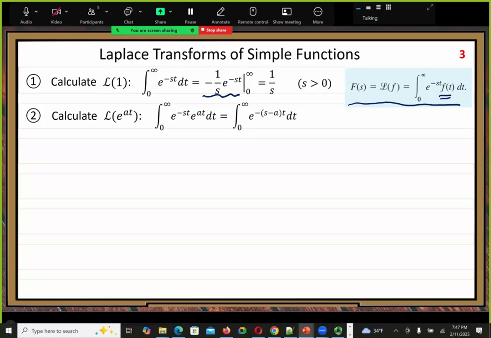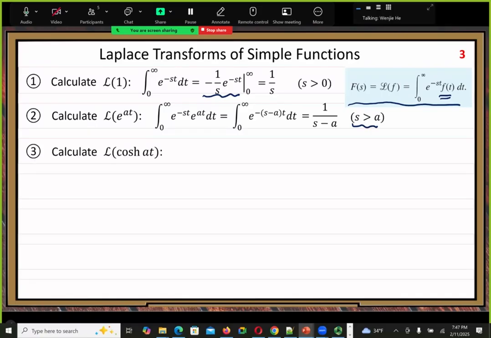Then you can get 1 over s minus a. This integral you can find easily. And you take the limit at infinity, but you need a condition: s greater than a. Otherwise, you won't get this formula. s must be greater than a.